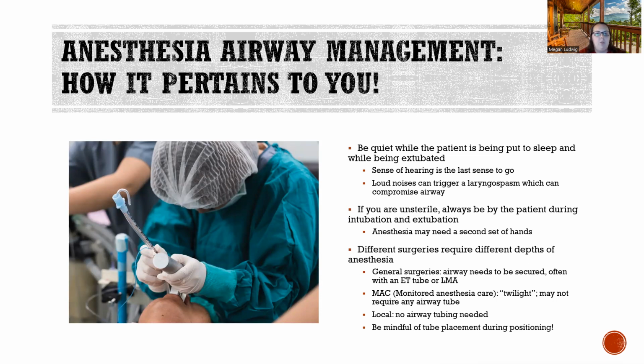So there are certain things you're going to have to be mindful of when you're positioning that patient who has a tube, not pulling it out, or being careful with it. But you're also going to have different positioning devices that would elevate that away from the face, so they're not laying directly on their face.